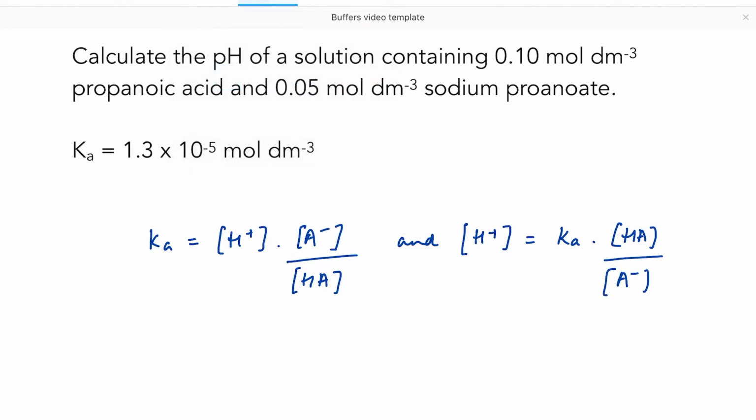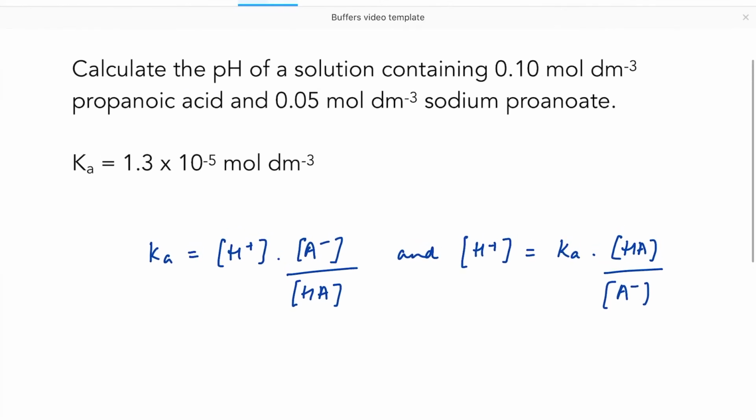Once again, going back to our assumptions, we assume that in our buffer system the concentration of the weak acid is unchanged, so we know that to be 0.10, and all of the A minus comes from the salt. So once again, we know the concentration of A minus is 0.05.